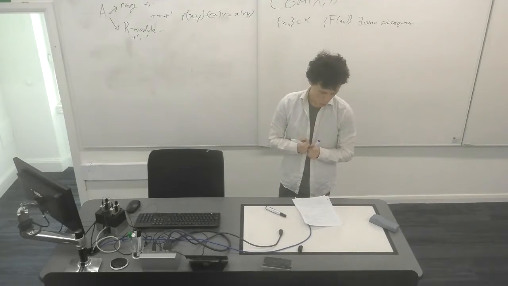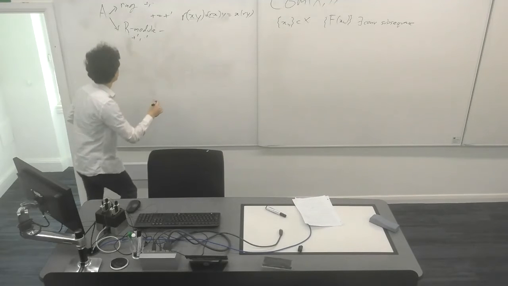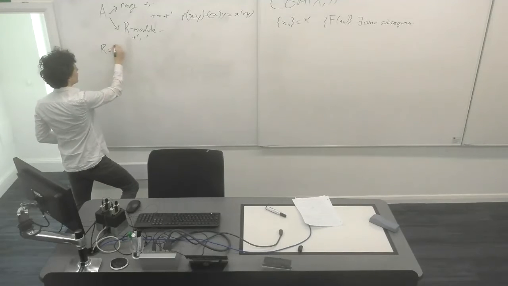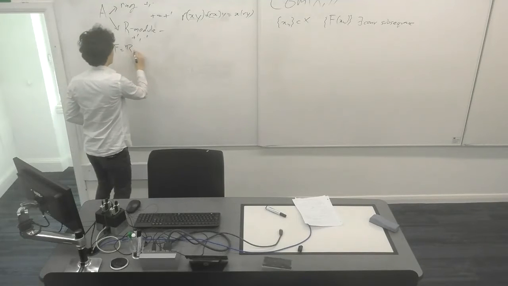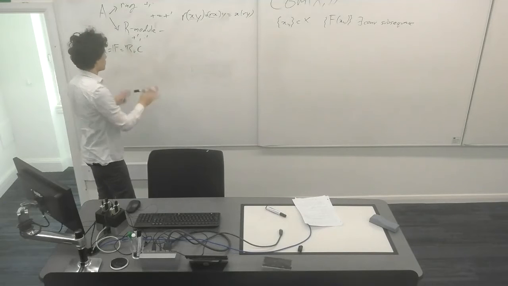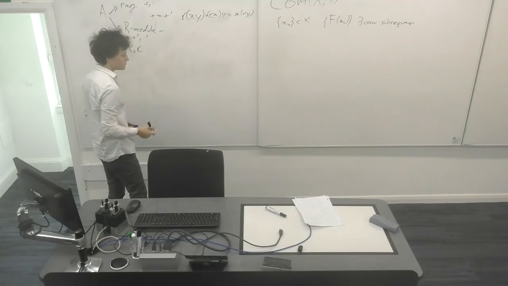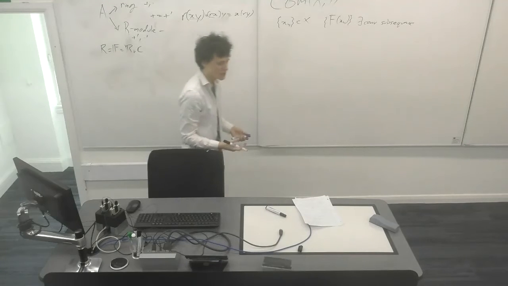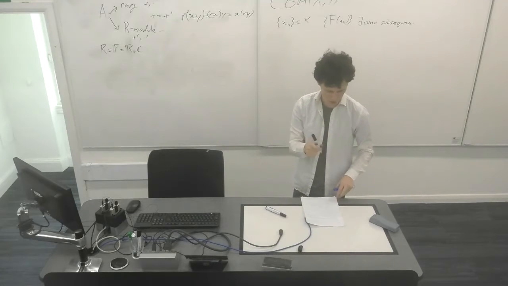Now we ignore everything about modules, because we're never going to do that again. We want R to be a field, which is going to be the reals or the complex numbers, and we're using complex most of the time. This becomes a vector space, and as I said before, a vector space can have a norm.